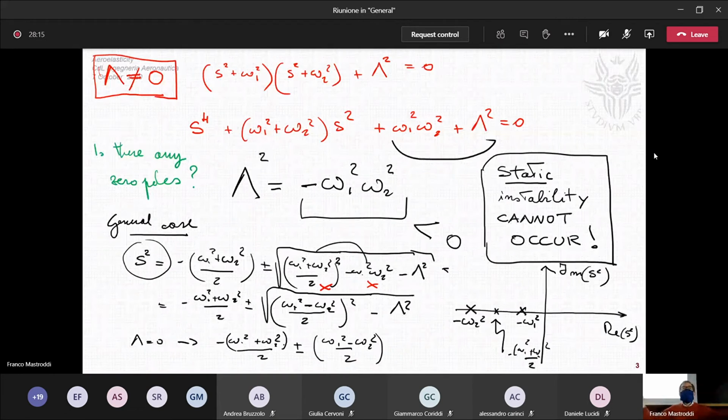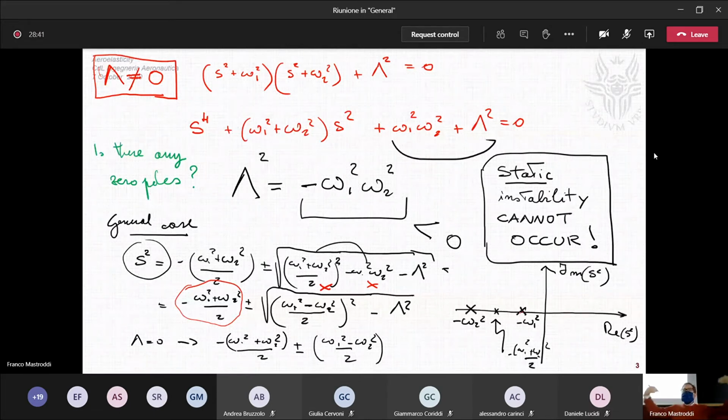So if you increase lambda, you have this average value, and you are adding and subtracting a square root part. This part, for lambda equal to 0, gives you this root, this and this.